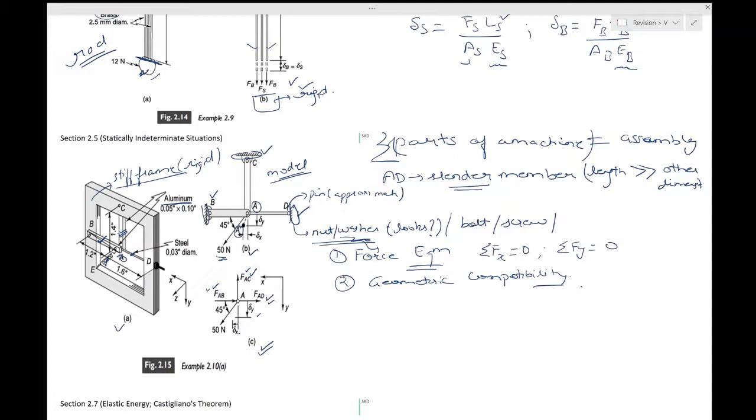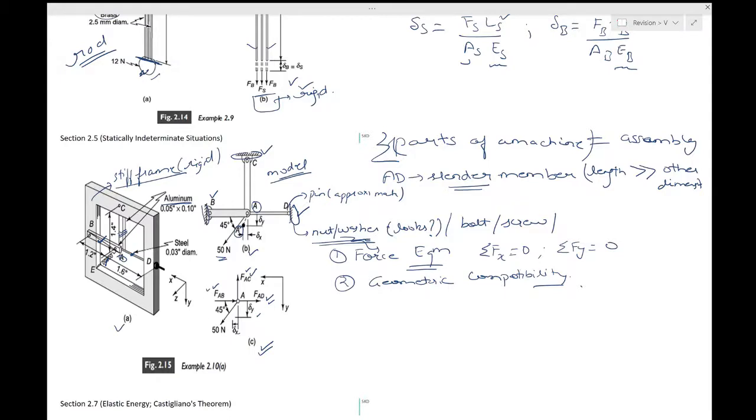Large deflections we don't deal with in this course. So with linear elasticity and linear stress versus strain behavior, you always assume the final deflections are very small compared with the lengths of the bar, and thus we use the approximation developed in example 2.4.